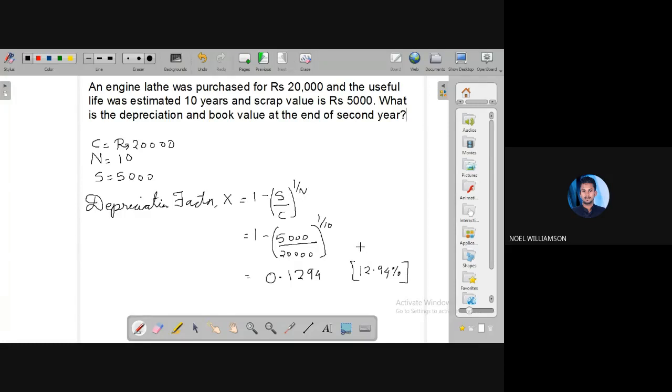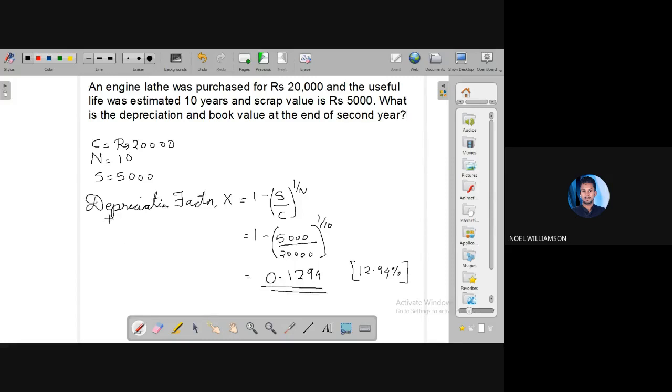That is the annual depreciation factor, the factor which is to be multiplied to the present value so that you get the reduction.